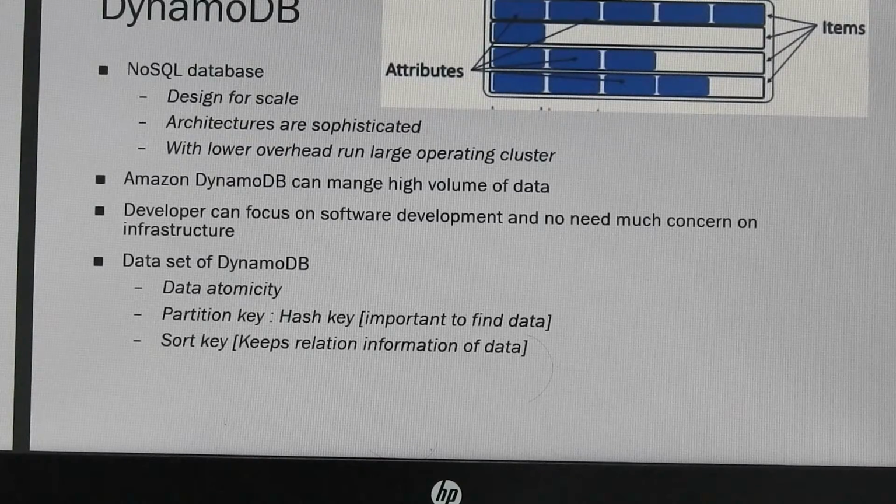Have you heard some terms and requirements of the database? When we are discussing databases, there is a concept called atomicity. Atomicity means you are storing atomic levels of data. Atomic levels of data means this data cannot be divided or broken into another level.